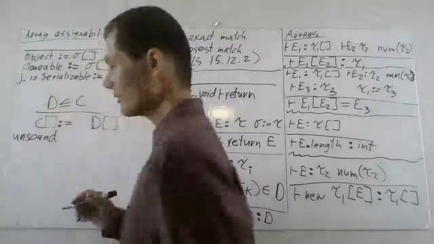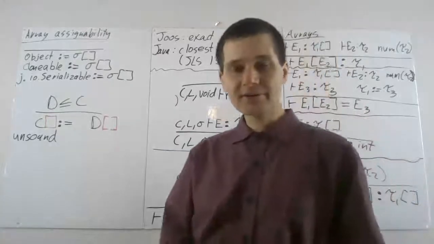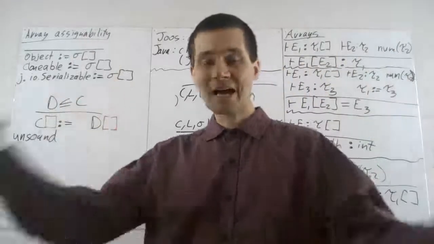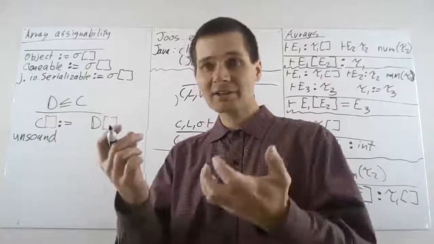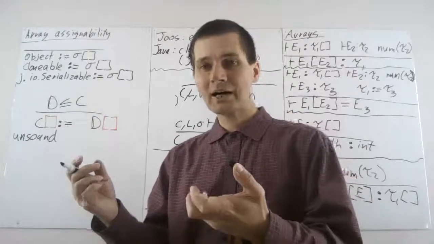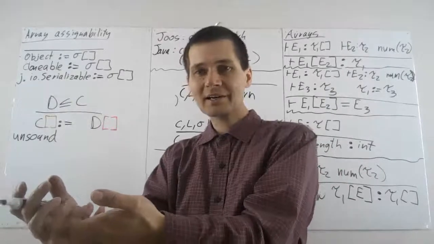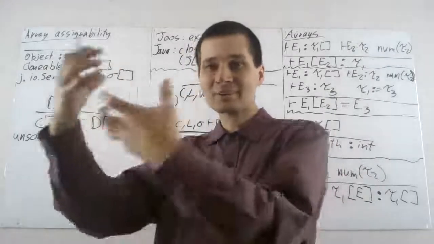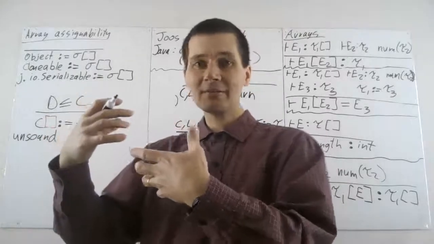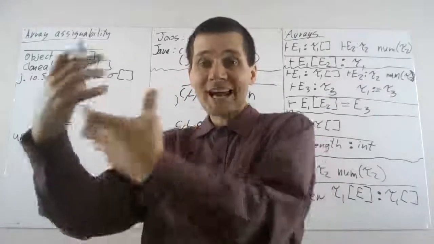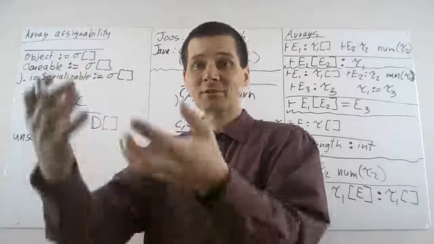It turns out that you can use this rule to take an apple and turn it into an orange. You can take an expression whose static type is orange, but you can get the value apple.